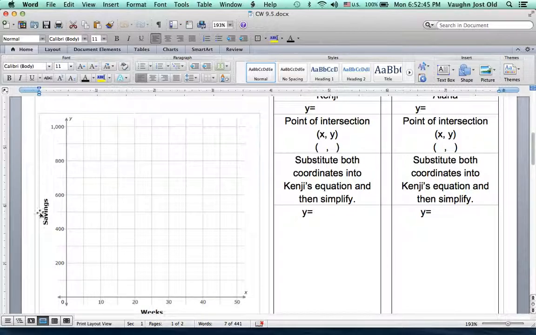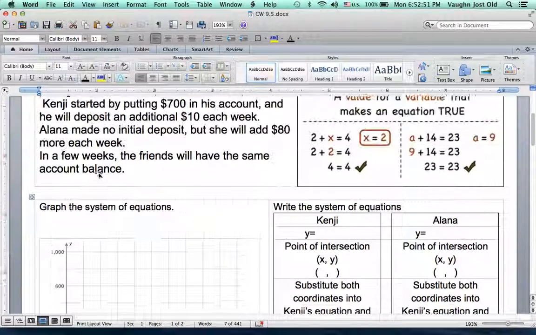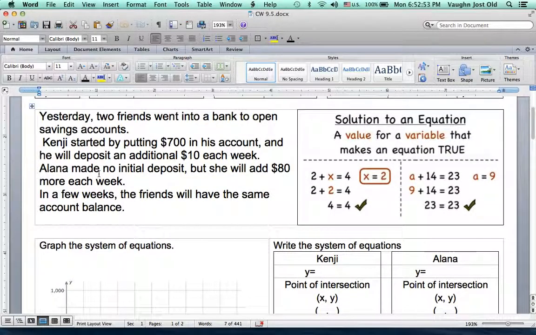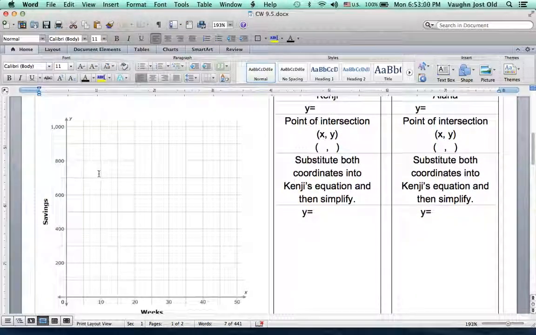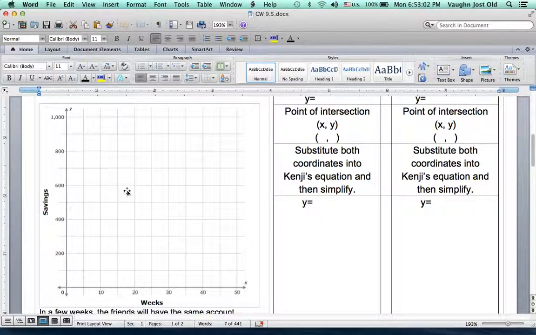So this is time and this is the amount of savings in dollars. What would be our beginning point for Kenji? And what would be the beginning point for Elena? And then what's going to be our constant rate of change for each of those? And that will help us fill in our graph. So go ahead and hit pause and spend a few minutes drawing both linear equations on this graph.